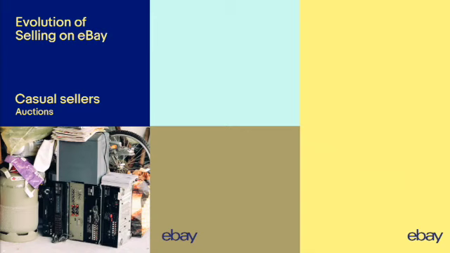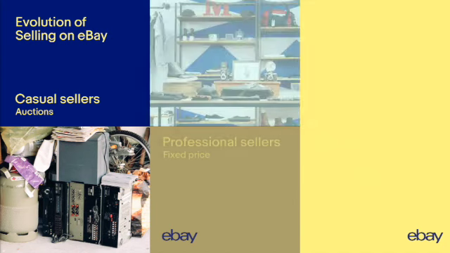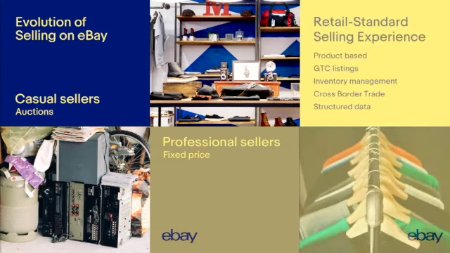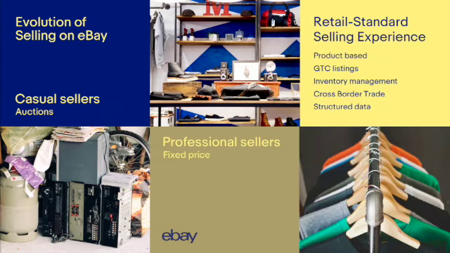As the company grew, and as people realized the potential of e-commerce, we started attracting more and more professional sellers. These sellers were selling mostly fixed price listings, new and in-season items. We saw a lot of branded merchandise on the site. Over time, the buying and selling expectations of our users have changed.